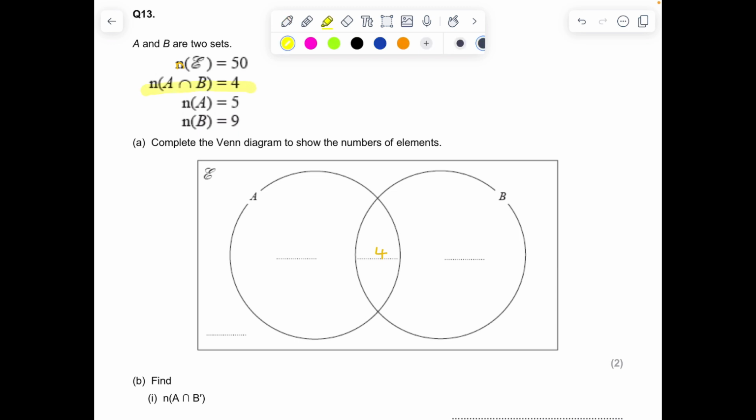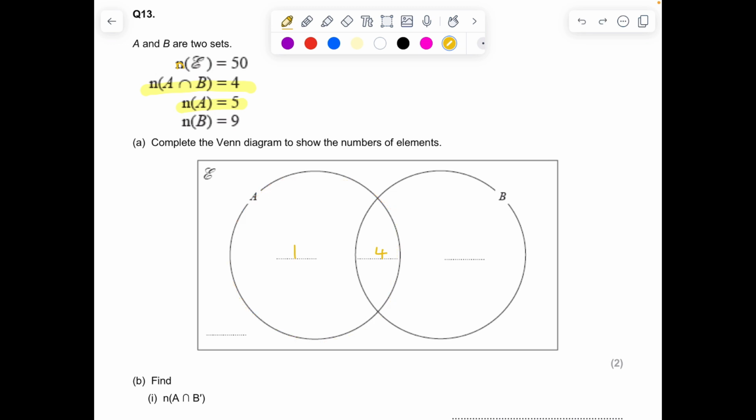Now this part tells us that in just A alone, so this is A, remember it's the whole of this, in A there are 5. So already you've got 4 there. So this must be just 1 that only belongs to A, that doesn't belong to B as well, because we want the whole total of A to be 5.